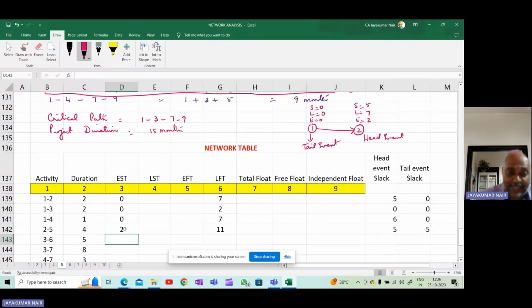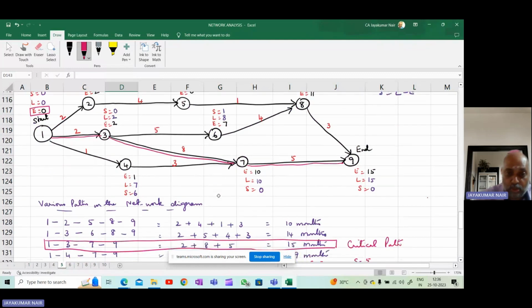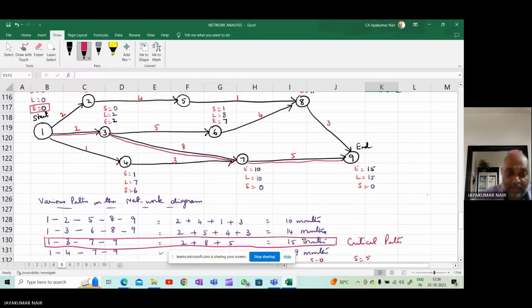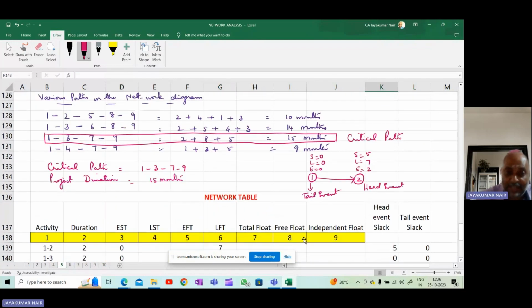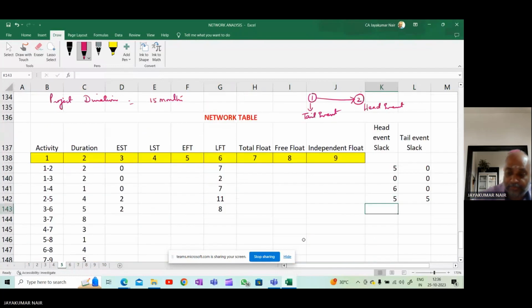Come to activity 3, 6. E value is 2, L value is 8. So 2 and 8. Head event slack for this activity 3, 6 is 1, and tail event slack is 0.